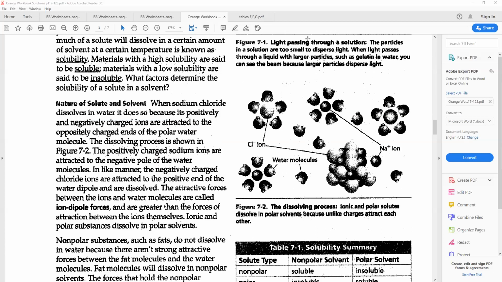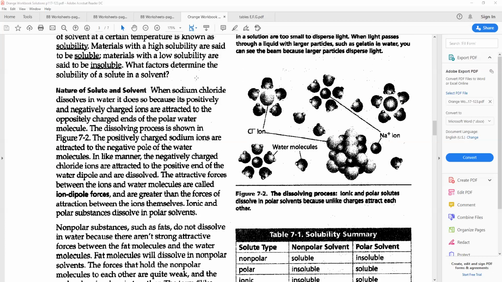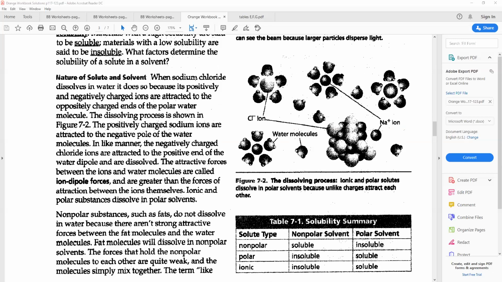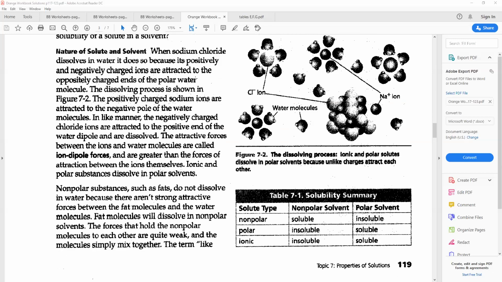So what does that mean? What I want you to know is that like dissolves like. And I want you to remember it, and I want you to write these notes in your orange workbook.